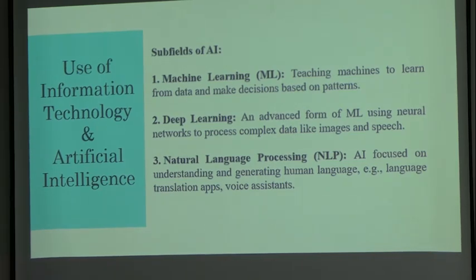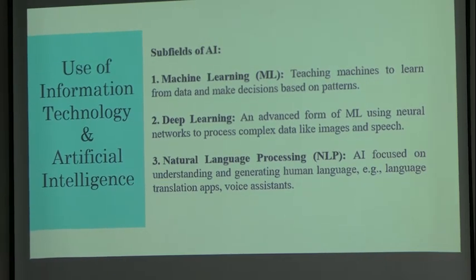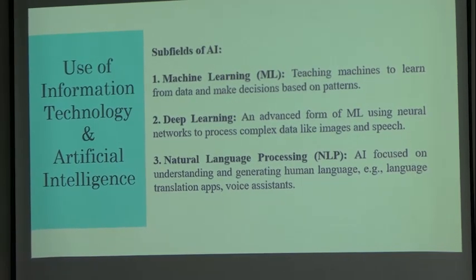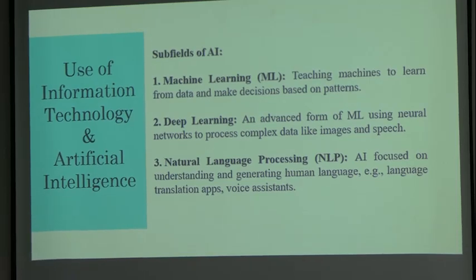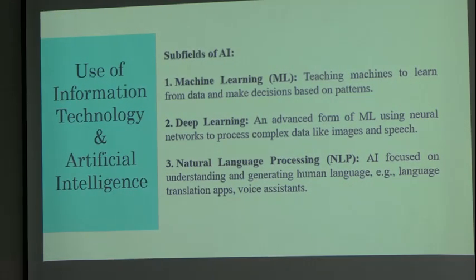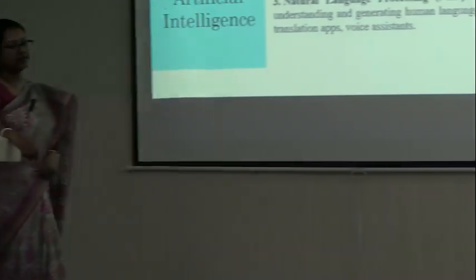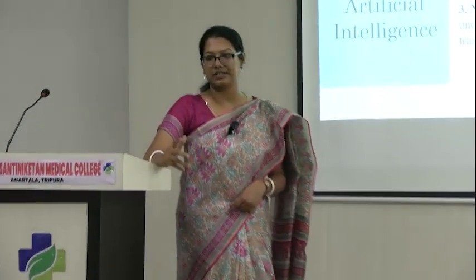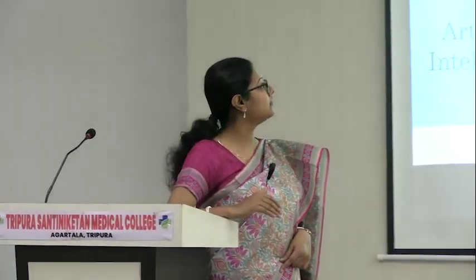Then it is deep learning. What is deep learning? This is an advanced form of machine learning using neural networks to process complex data like images or speech. In usual machine learning, the data is written, in Word format or PDF format.